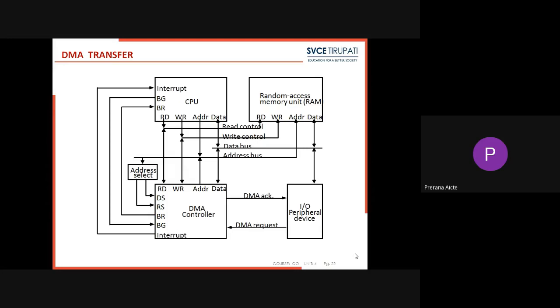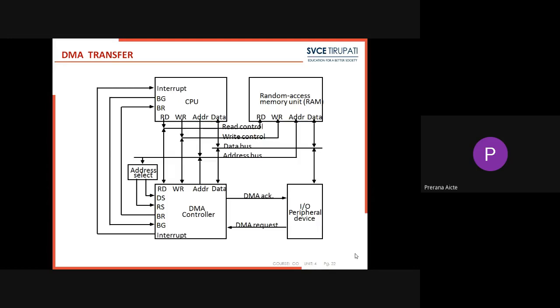The processor responds with its bus grant line, informing the DMA that its buses are disabled. The DMA then puts the current value of its address register into the address bus, initiates the read or write signal, and sends DMA acknowledgement to the peripheral device.